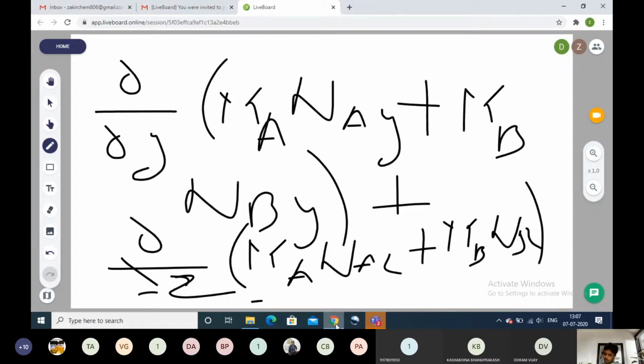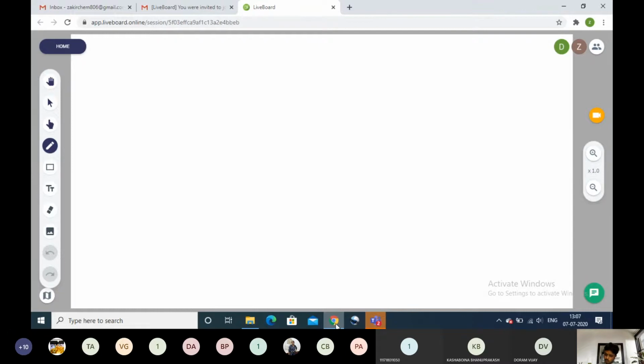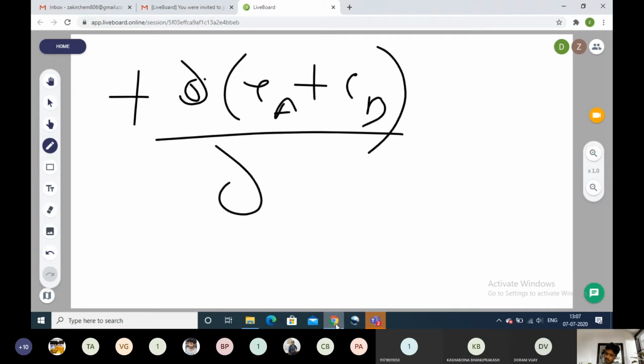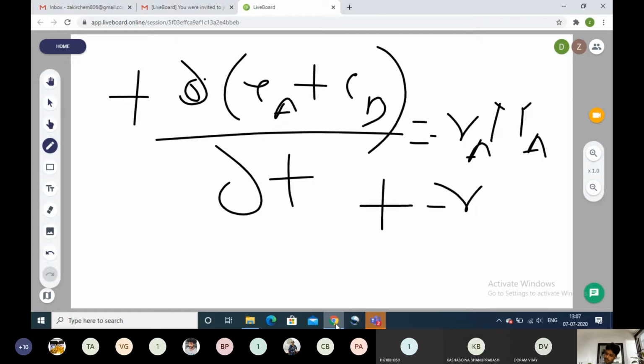The left out terms will be only in the same equation. It is quite a big equation, so I'm writing it in three slides. So the left out terms will be rho A plus rho B from equation 15: dou of rho A plus rho B divided by dou t is equal to minus RA MA plus minus RB MB.